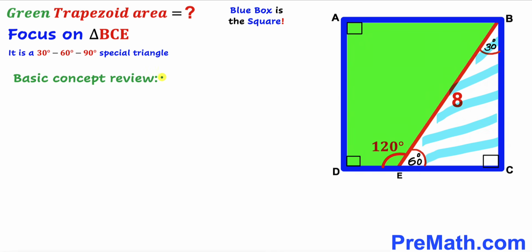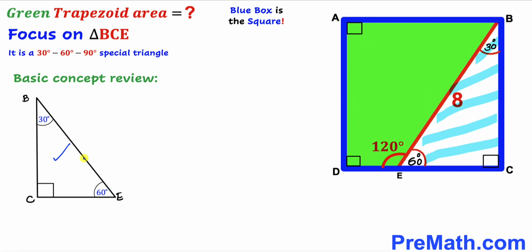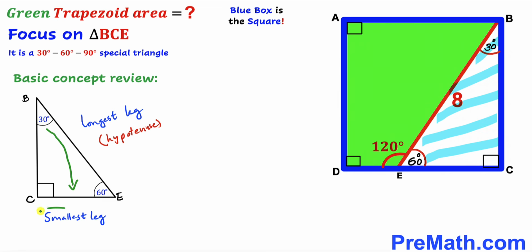So let's go over the basic review. 30 degrees is our smallest angle, whereas 90 degrees is our largest angle. The side opposite the smallest angle is the smallest leg, and the side opposite the largest angle is the longest leg, also called the hypotenuse.